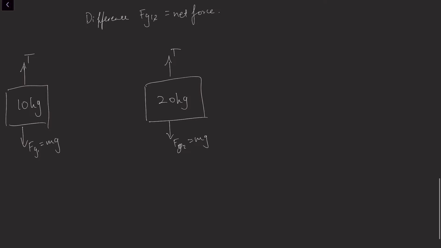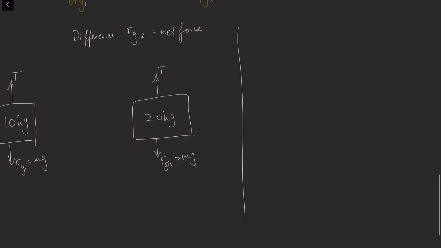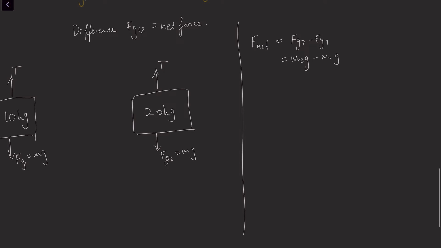So the net force for this whole system is the difference of the forces due to gravity, so Fg2 minus Fg1. This is the same thing that we did for the block hanging off of a cliff. So substitute in the values that we know, m2g minus m1g, that is the force due to gravity.